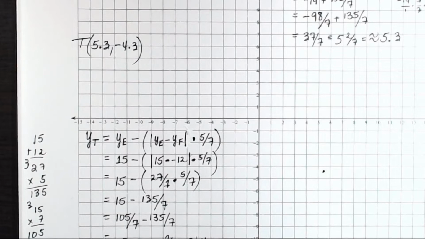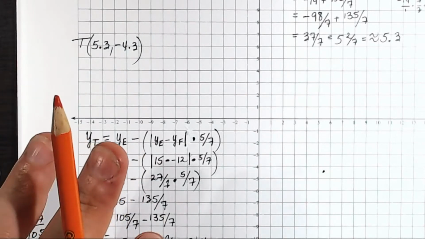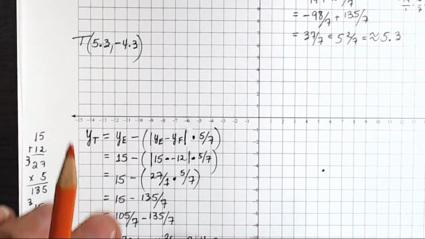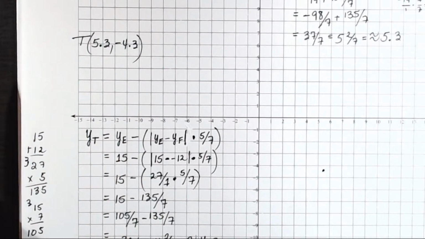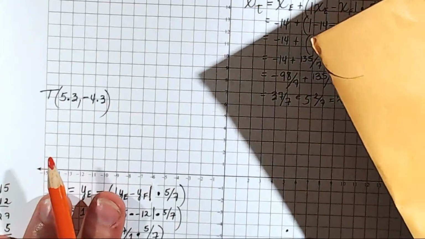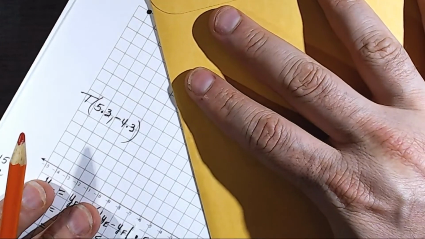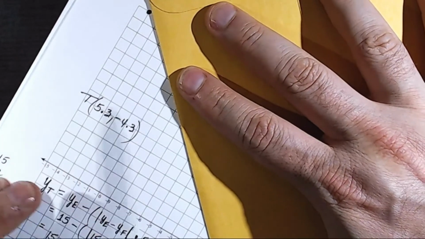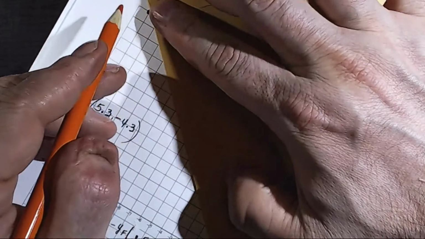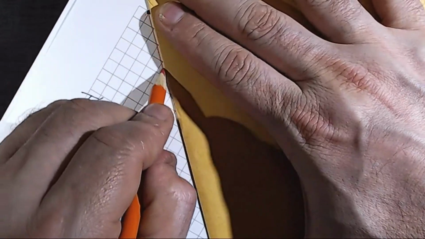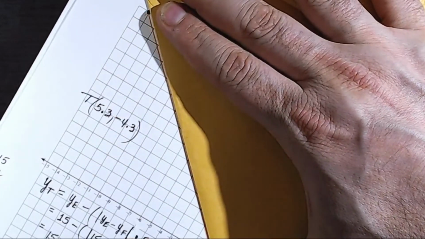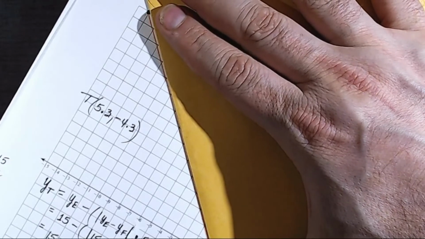So now, I'm going to have to hunt around here for something. Piece of paper here. And we'll draw in this distance.